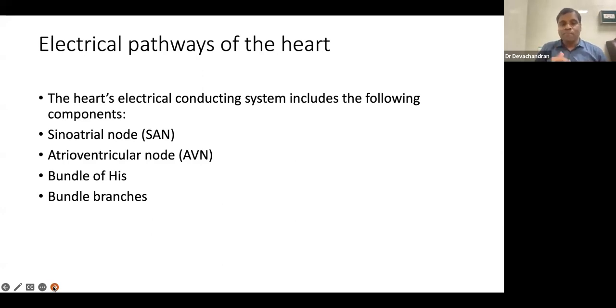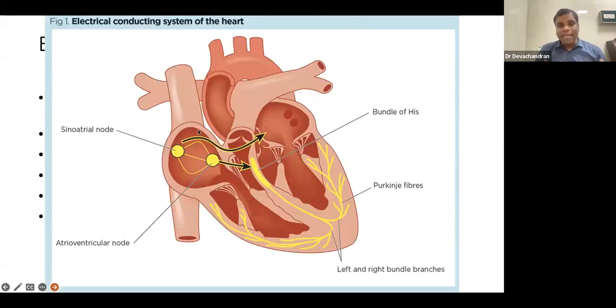So this is a picture. As you can see, the sinoatrial node is situated in the right atrium, the upper chamber of the heart on the right side. It's the pacemaker of the heart. It sends electrical signals to the AV node. From there, the electrical signal reaches the bundle of His.